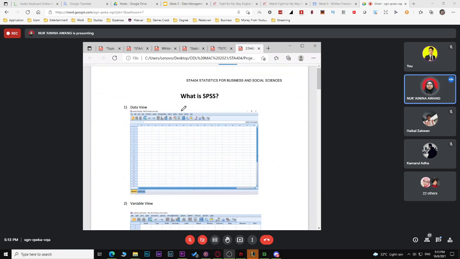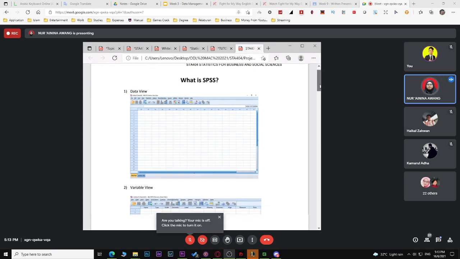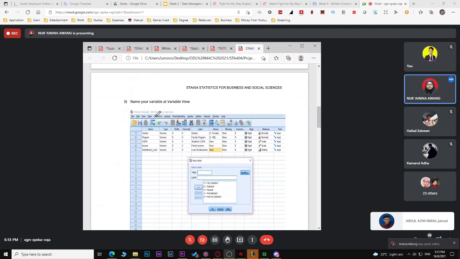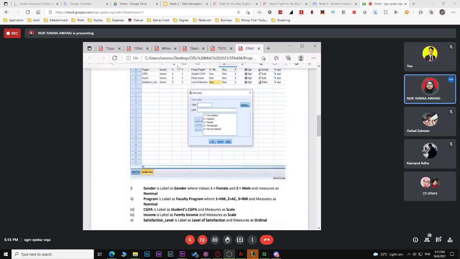I already uploaded it on Google Classroom, but this note shows you how to insert the data manually, meaning you enter it one by one. But in your case, since you already have the data in Google Form, you will transfer from Excel to SPSS, so you can follow the video that I showed. If you have any questions, we will meet maybe next week on Thursday. We will hold one class just for the SPSS software.